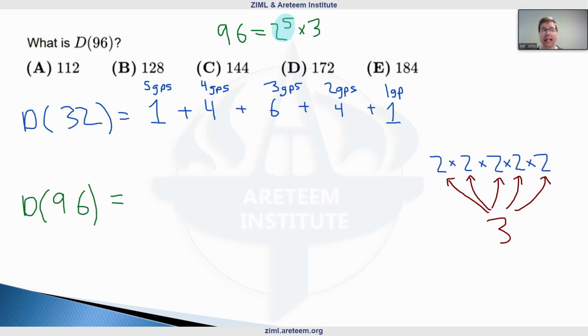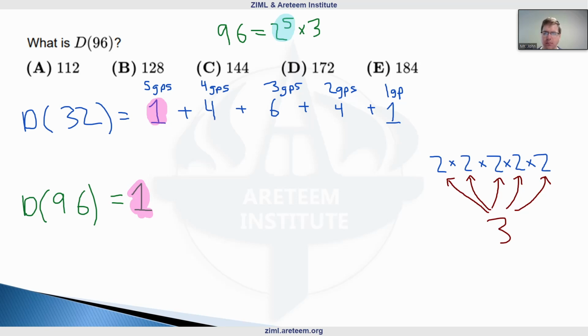When I start writing this out, I'm not going to write out the 5 groups again. This is again the same strategy as before. With the 1 from before, let me highlight this actual 1 there. So this 5 groups, 1 outcome from the D of 32 stays, and then we need to multiply this by some extra outcomes.